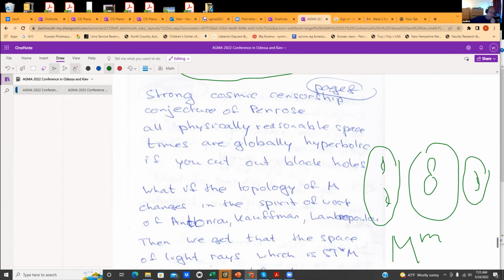And maybe these kinds of transformations, if you know precise normal forms of this. I think this is exactly what Antoniou, Kaufman, Labropoulos had in mind, that you consider some sort of a Morse function in the space-time, a special time function. And if the time function is special, it will be a Morse function, and this will be a Morse singularity.